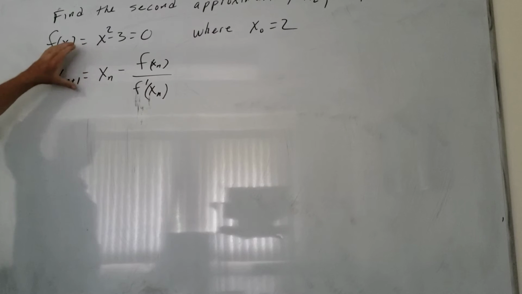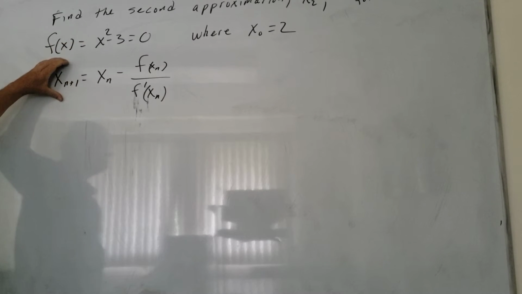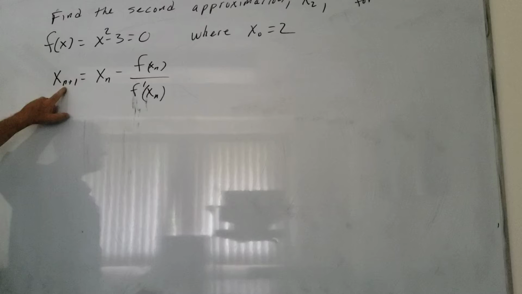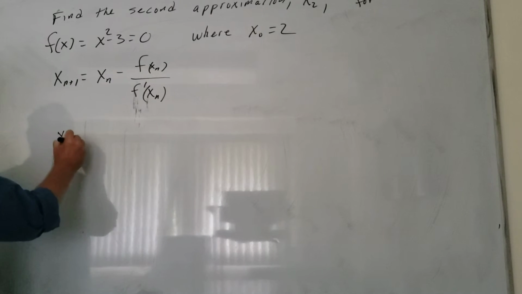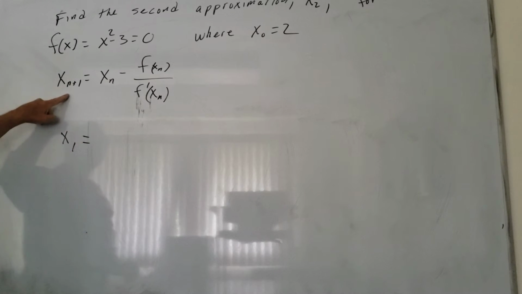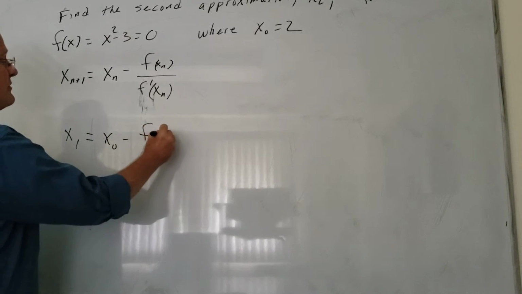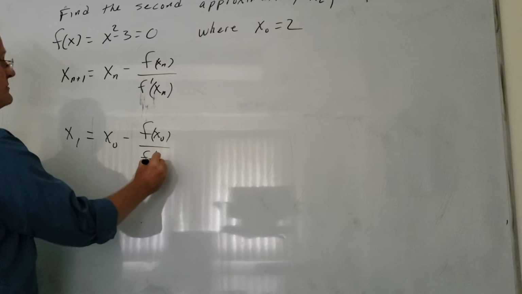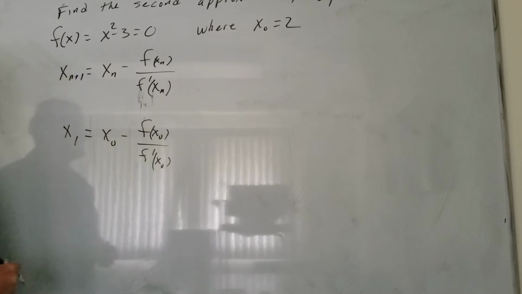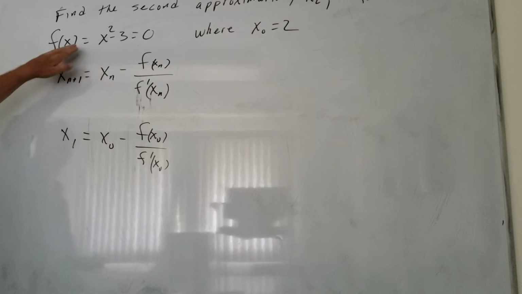In the last video, here's our formula for Newton's method. So our next x value, x1, is going to be x0 minus f evaluated at x0 divided by the derivative evaluated at x0. So we can see we've got our function.